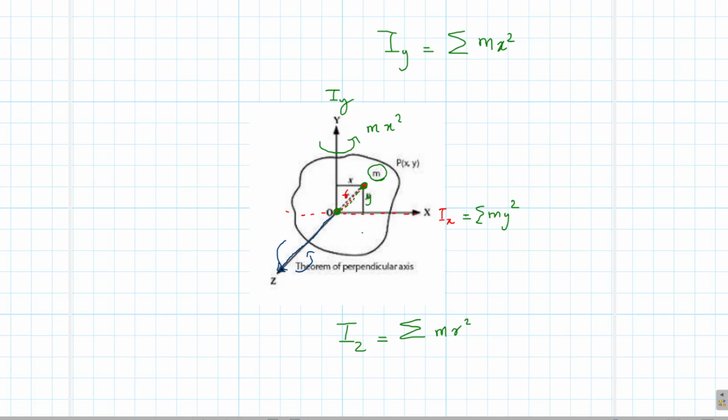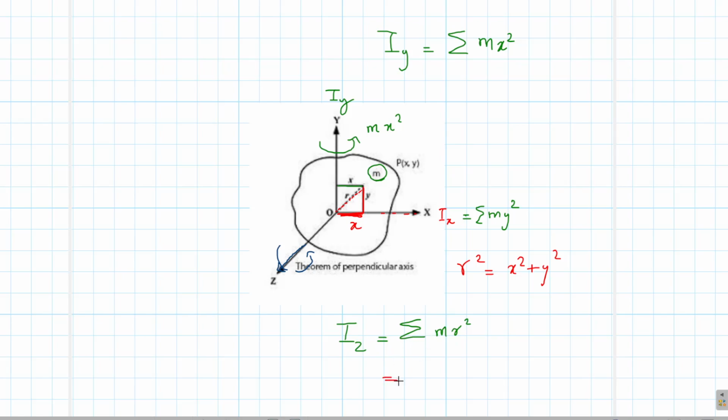But from the geometry of the figure, you can see that r square is x square plus y square. Since this is x, this parallel line is also x. The base is x. The height is y. And what is this hypotenuse? It will be related as r square is equal to x square plus y square.